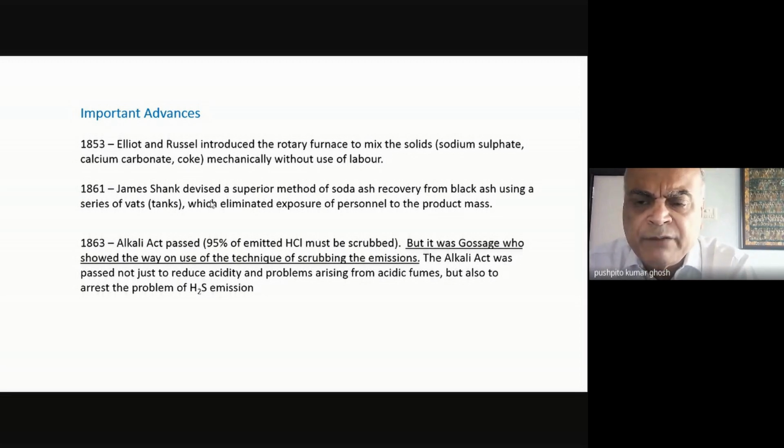So it was done in closed tanks from which things move from one tank to the other. Otherwise, even if there was some amount of HCl invariably in the atmosphere, it would get in and people would be smelling this HCl.